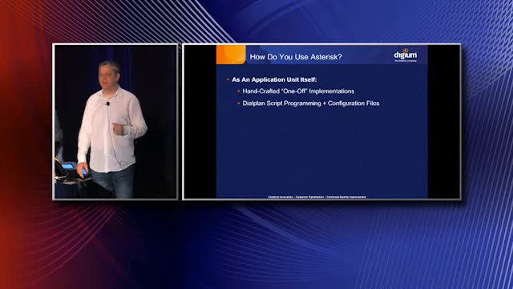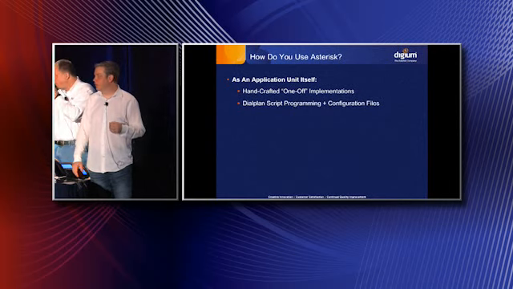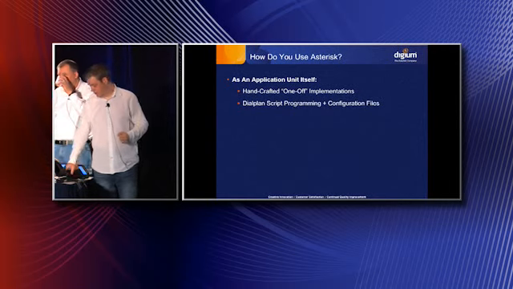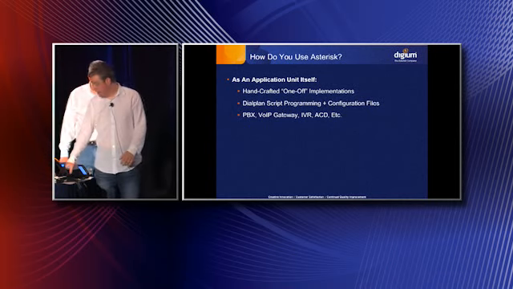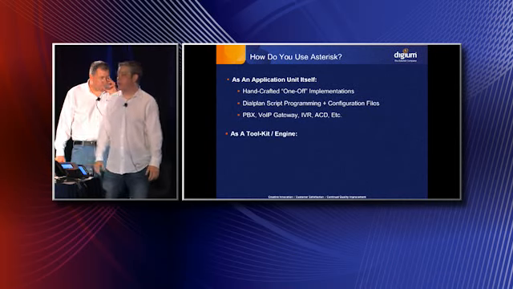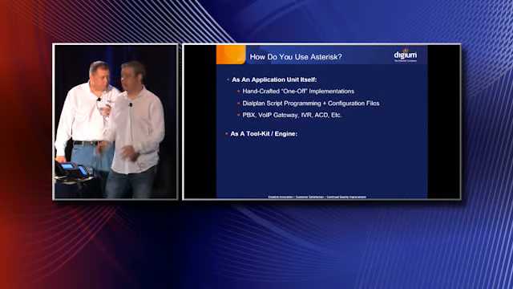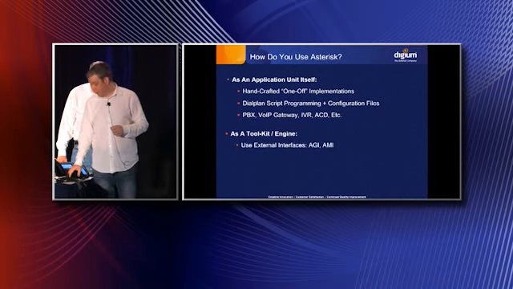Now that's great, and that's usually the way people start out learning Asterisk. It isn't necessarily the function that you want if you're going to be building a production product. But there are a long list of things that you can build out of it on a piece-by-piece basis. Now, if you take it and you use it as the toolkit and the engine for building a product, you approach it a little bit differently.